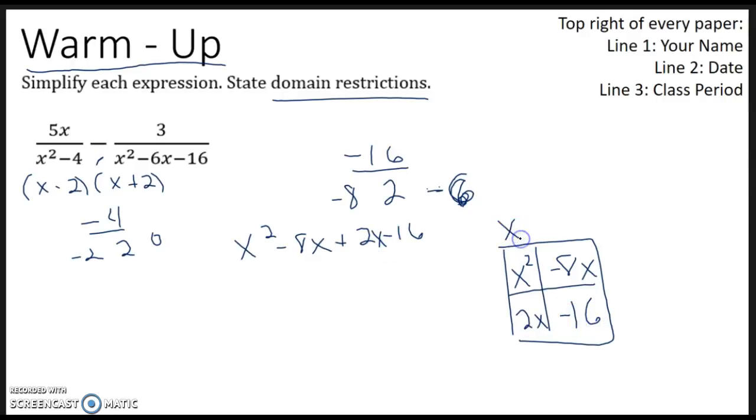They have an x in common, a negative 8 in common, and a 2 in common, because 2 times negative 8 is negative 16. So the factored form of the right side of this fraction is x plus 2, x minus 8.